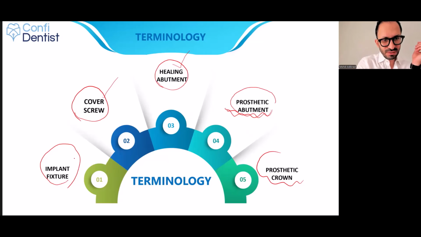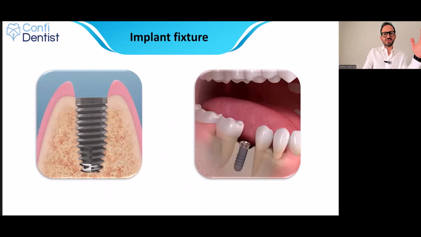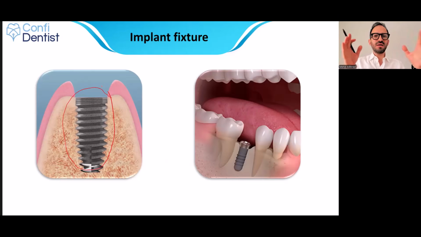So I'm going to start with the implant fixture. It is super important that you are able to identify the implant fixture in terms of its relationship to the alveolar crest. The implant fixture is a hollow titanium unit which is placed inside the bone, and eventually it becomes integrated with the bone, and it acts like a foundation for your final crown.